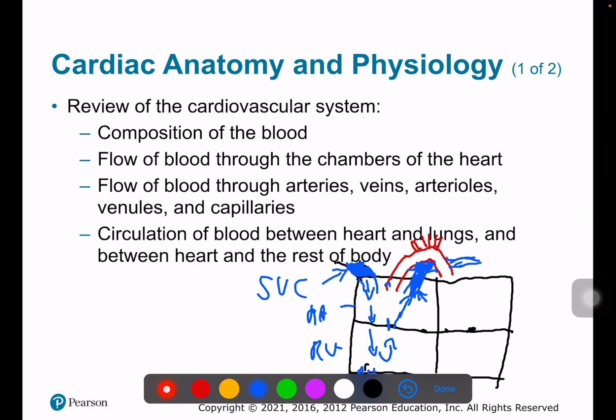Now it goes into the pulmonary vein and it goes right and it goes left going into the lungs. When it gets into the lungs, that's where gas exchange happens. Carbon dioxide is dropped off, oxygen is picked up, and then it flows into the left atrium.